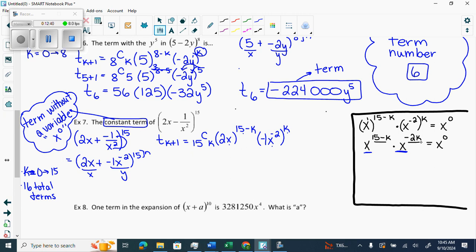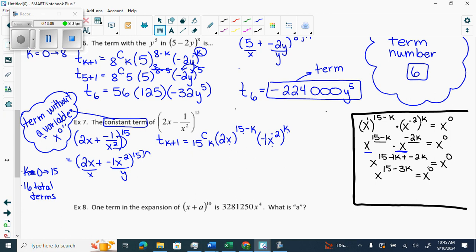So I'm going to get x to the 15 minus k plus negative 2k equals x to the 0. Like terms. So I get x to the 15 minus 3k equals x to the 0.